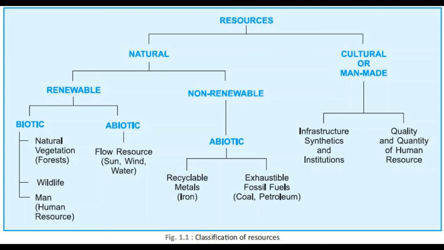Example: coal, petroleum. And cultural or man-made resources are divided into, here you can see, two parts: infrastructure, synthetics, and institution. Now there is quality and quantity of human resources.